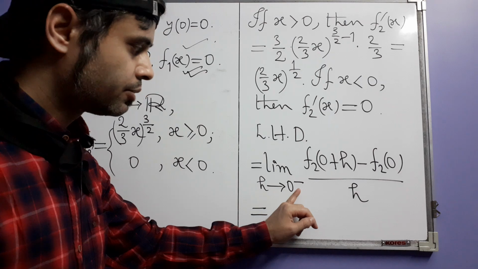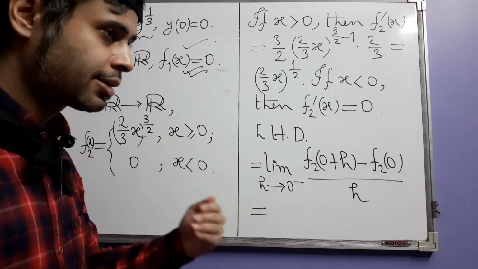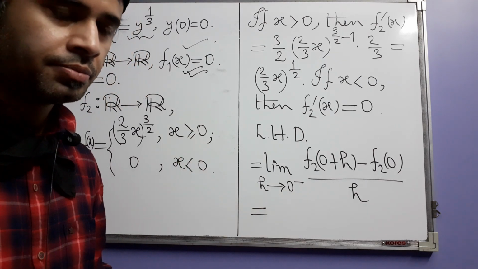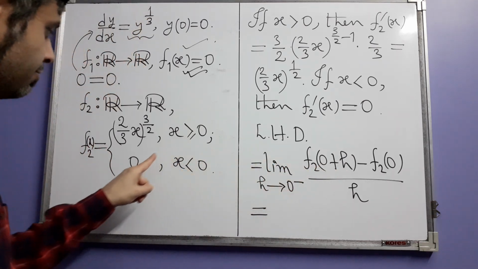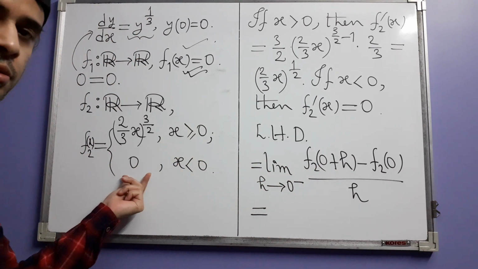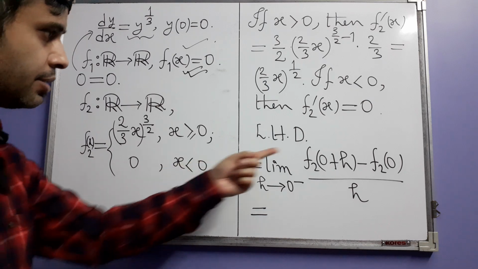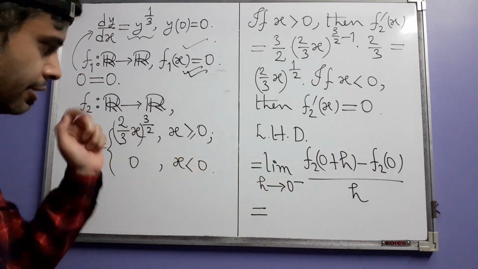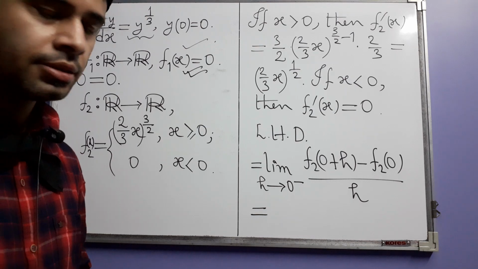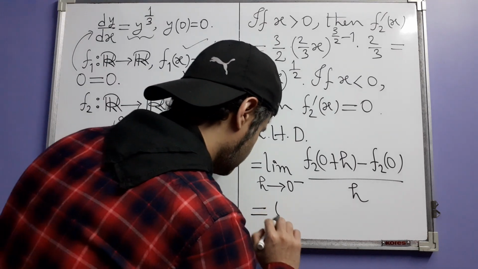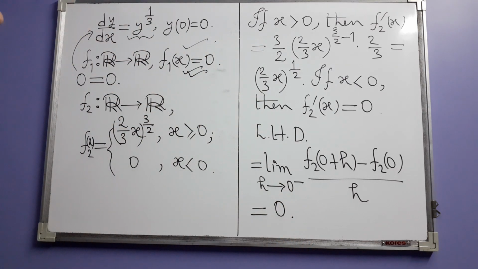Because h is approaching 0 from the left side, actually h is negative. So for negative h, what is f2? By definition that is 0. And what is f2 at 0? That is also equal to 0. 0 minus 0 divided by h, that has the limit 0. Okay, so left hand derivative is 0.